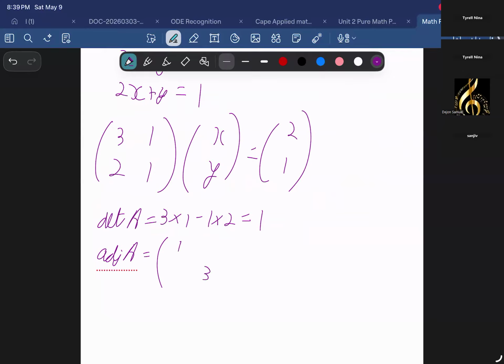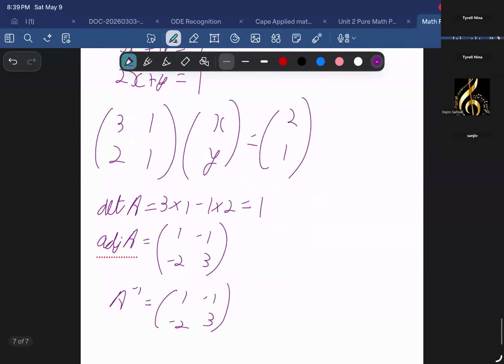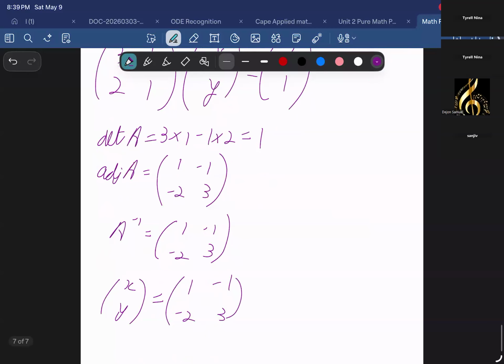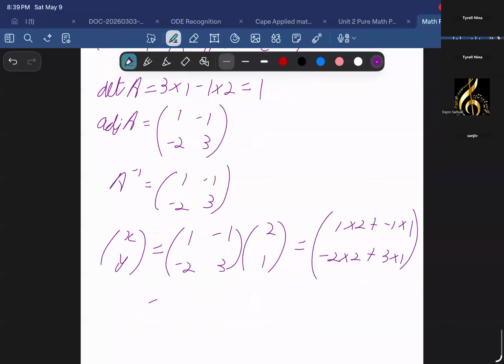So A inverse is [1, -1; -2, 3]. So [x; y] is [1, -1; -2, 3] times [2; 1], which is 1 by 2 plus minus 1 by 1, and minus 2 by 2 plus 3 by 1. 2 minus 1 is 1. Minus 4 plus 3 is minus 1.